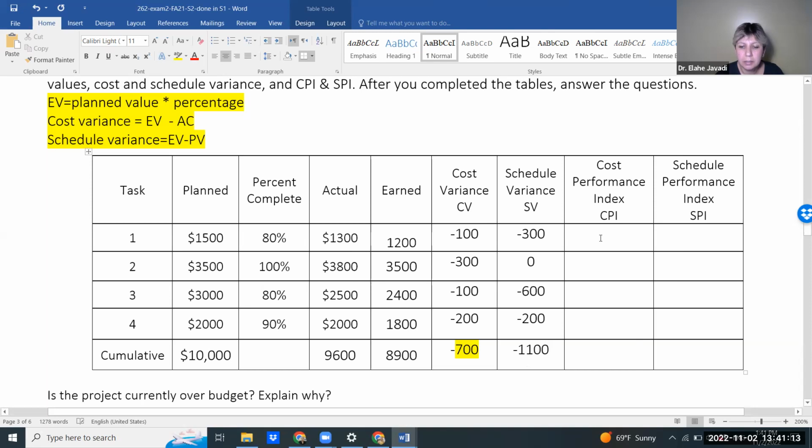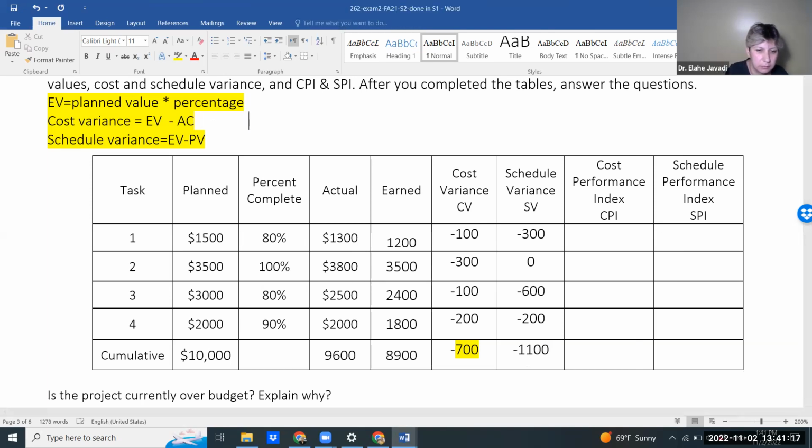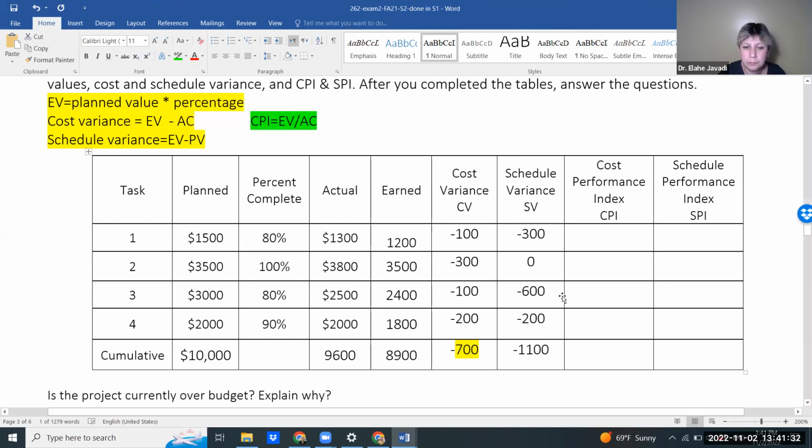And Ishika, do you remember the formula for CPI? It's earned value divided by actual cost. Earned value divided by AC. Nicely done. We're going to go to Genesia.